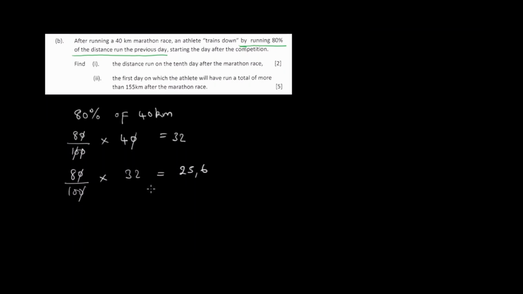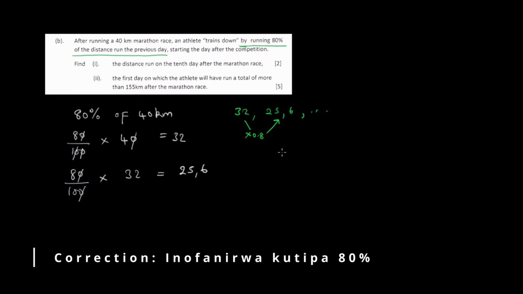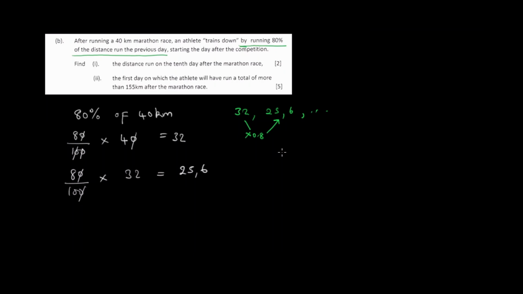In this case our common ratio is 0.8, because we are going from 32 to 25.6 and continuing to decrease. If we take 32 times 0.8, it gives us 25.6. Or if we take 25.6 over 32, it should give 0.8, which is our common ratio. Are we together on the common ratio? Any problems? Yes. Okay.